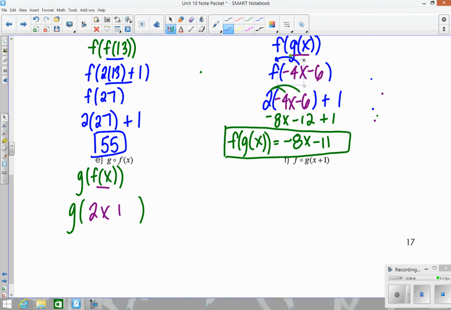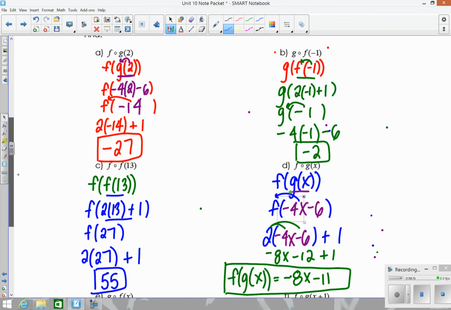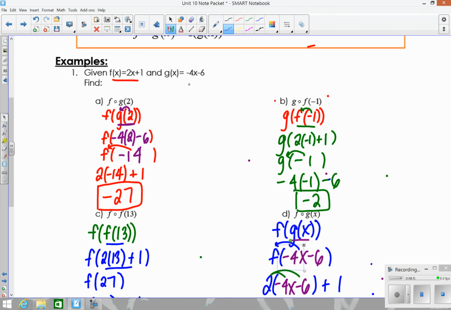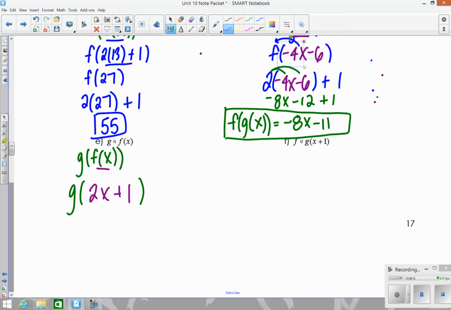So 2x plus 1. And now you're going to take 2x plus 1 and plug it into function g. So function g is -4x minus 6. So this is going into -4x minus 6. Notice when I said x, I put a set of parentheses because that's what we're going to be plugging into. So now I'm going to take my input and input it into the function g for x.